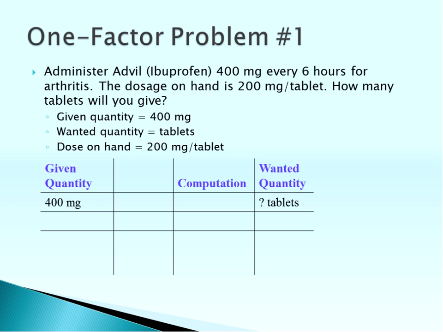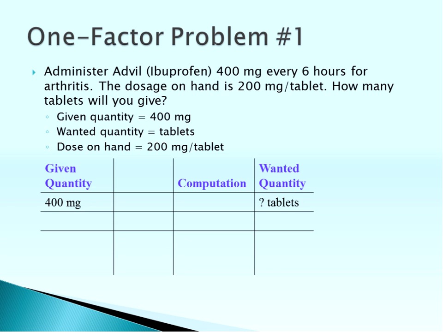Now, this is showing a one-factor problem, and what they're saying is, I have Advil, 400 milligrams, and I'm going to give it every 6 hours. I like to throw those numbers in too, and I tell students to cross it out in the problem if they're doing it on paper.